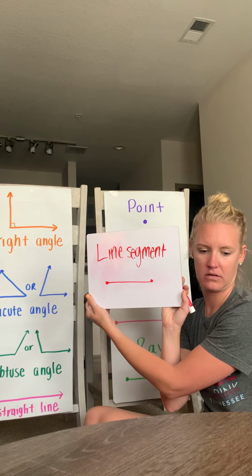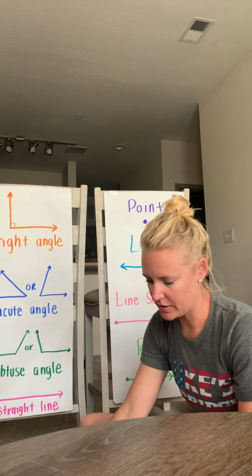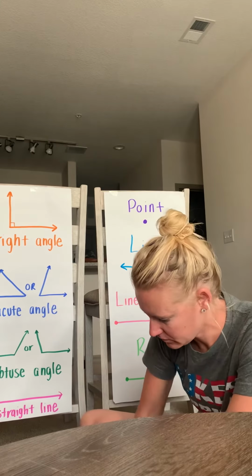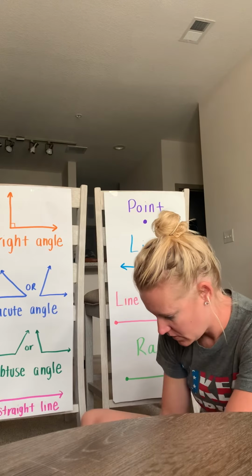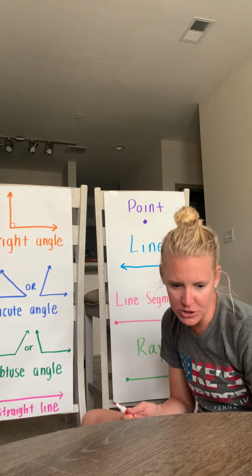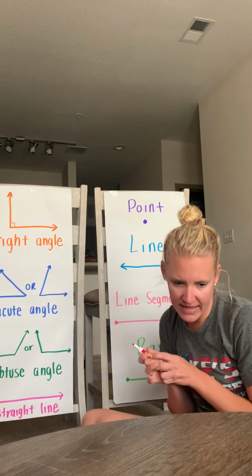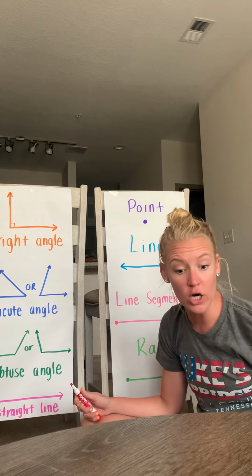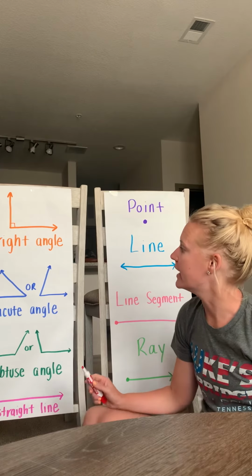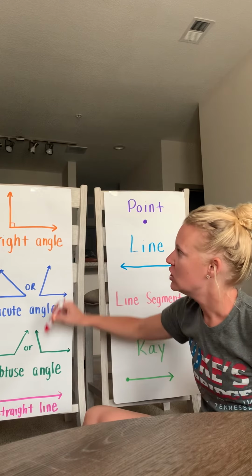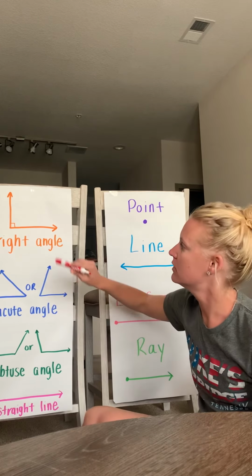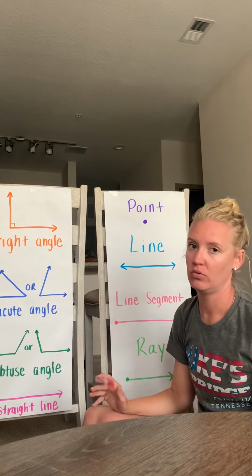All right. Now let's go on to number 3. Number 3, what geometric term describes an angle that forms a square corner? All right, so we're looking at angles here. Forms a square corner. That would be right angle.